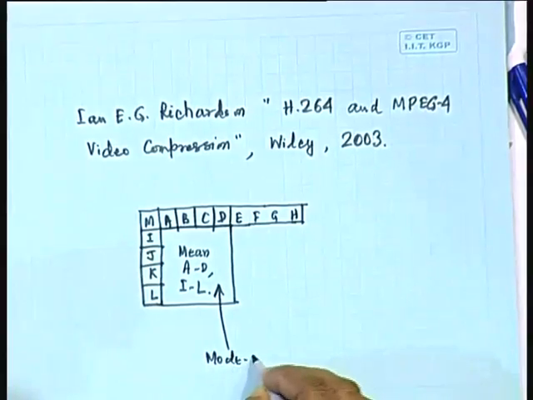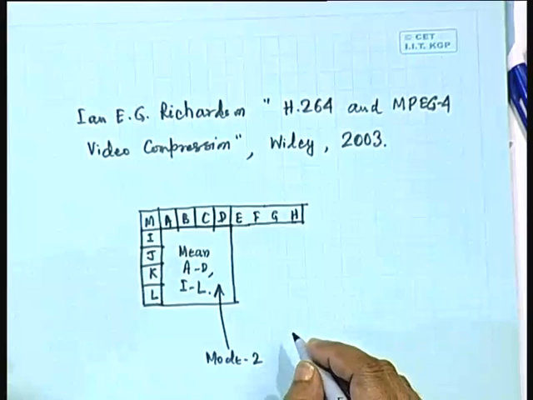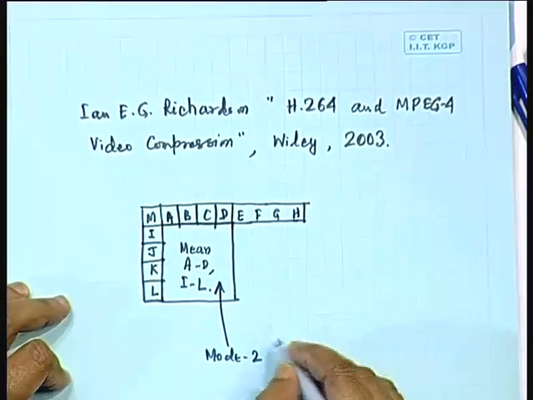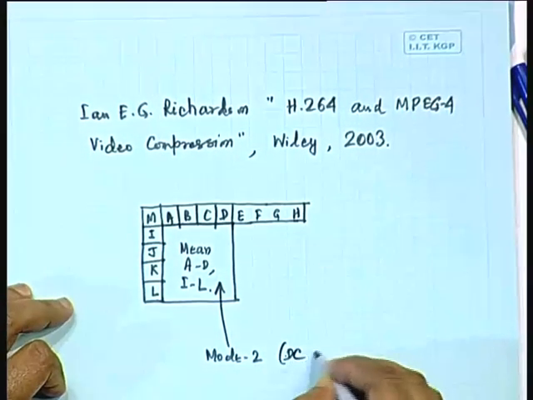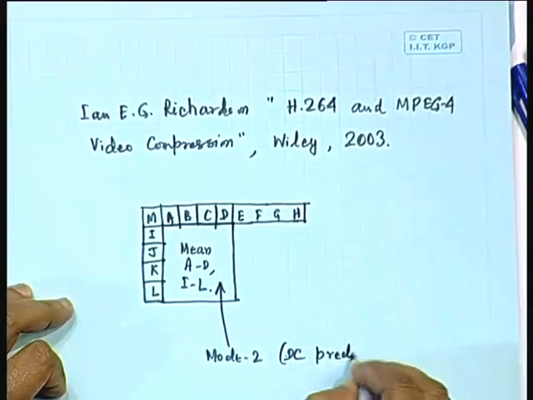So, mode 2, as I was telling you, although it is numbered as 2, is not exactly a directional prediction, but it is a DC prediction.